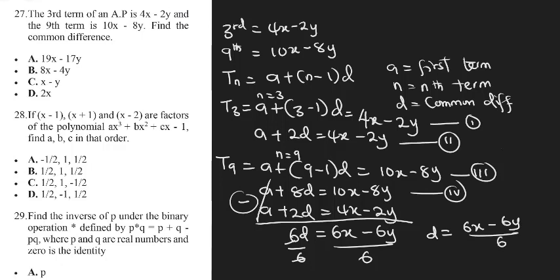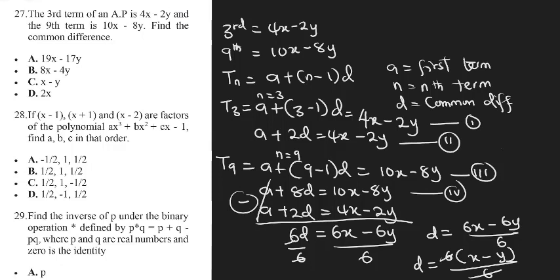So we can factorize them since they have 6 and 6. Factorize the 6 out. If you factorize the 6 out, we're going to have d is equal to 6 into x minus y over 6. So this 6 can cancel this 6.